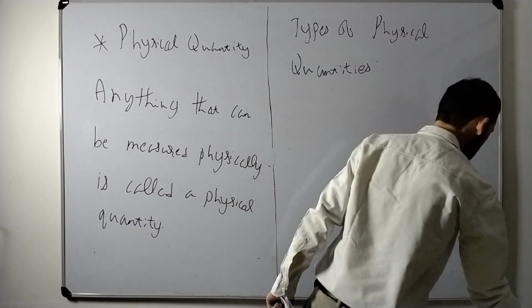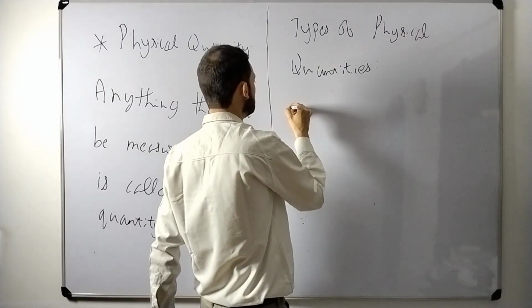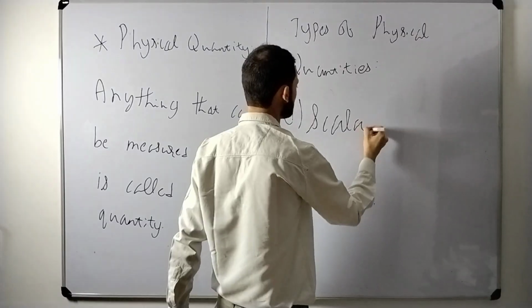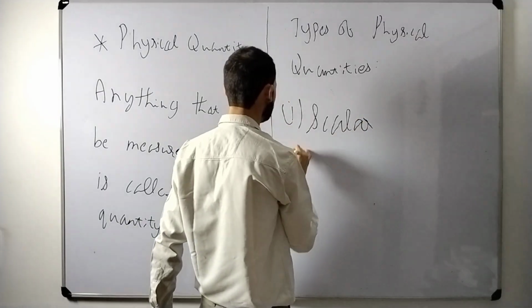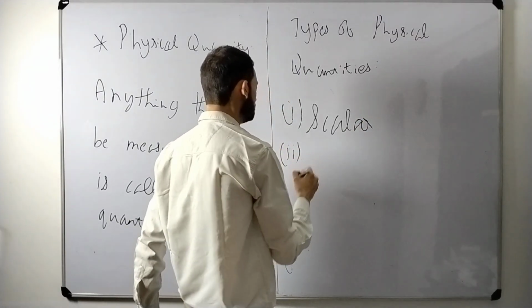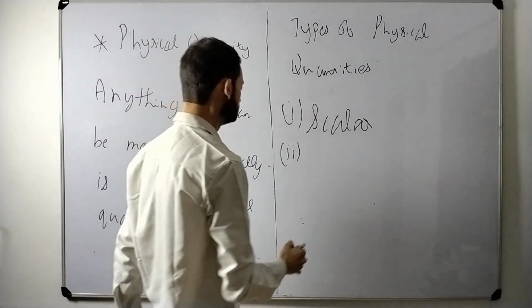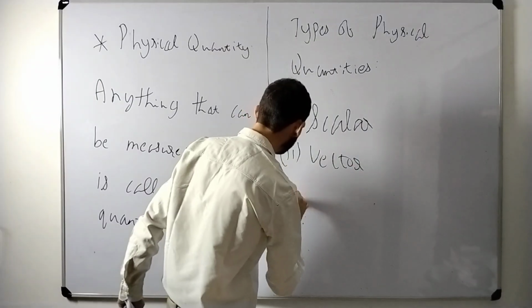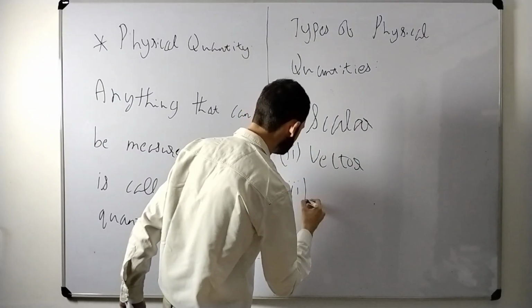You would say they are basically scalar quantity and vector quantity. Yes, true, but not fully. Scalar, vector, and third being numerical quantity.